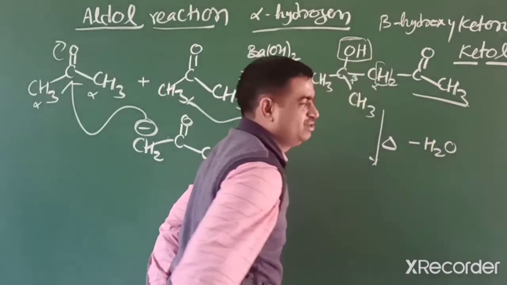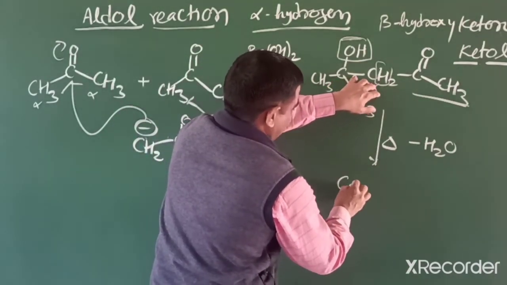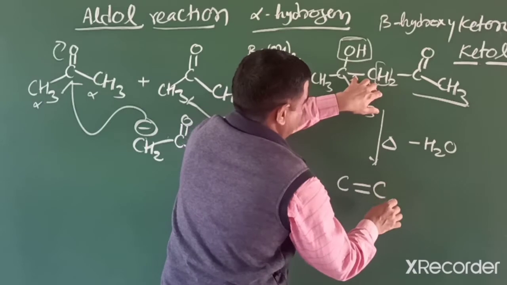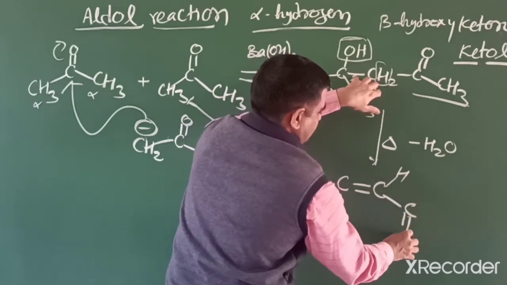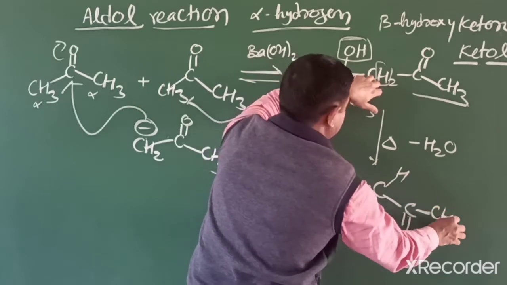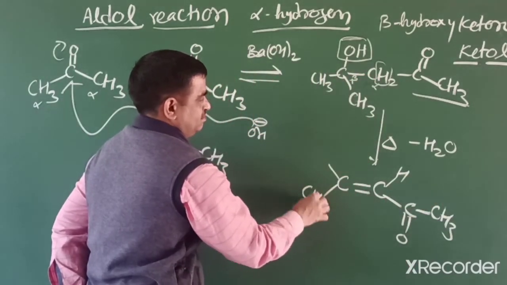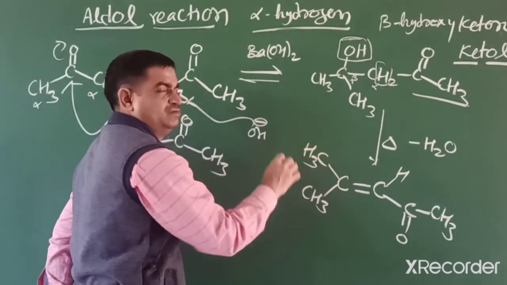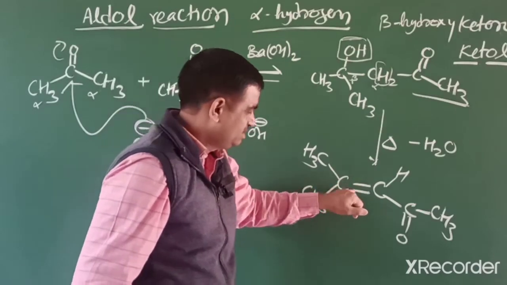A water molecule is removed and we get the product between these two carbons. Means between alpha and beta a double bond occurs.